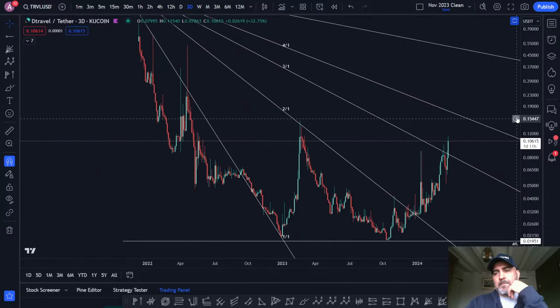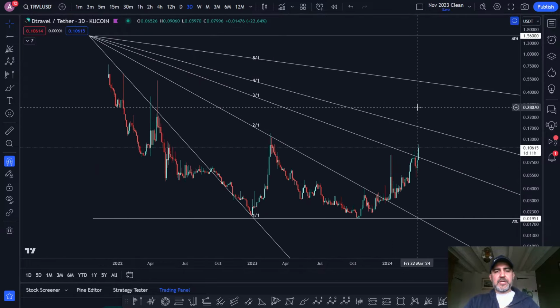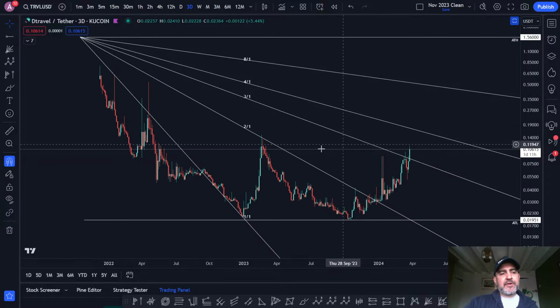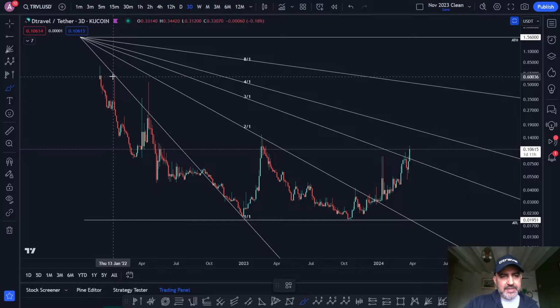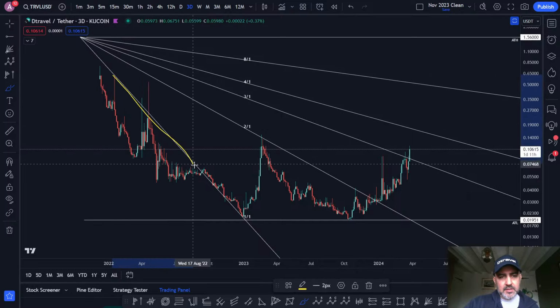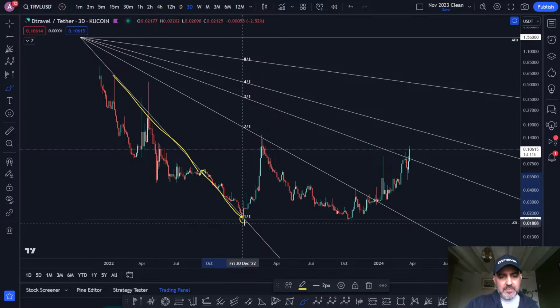That looks good, huh? That looks really good. That looks very good. You can see how this line resisted until the price got above it. It supported until you made this pivot.